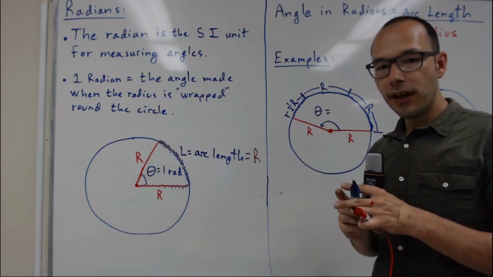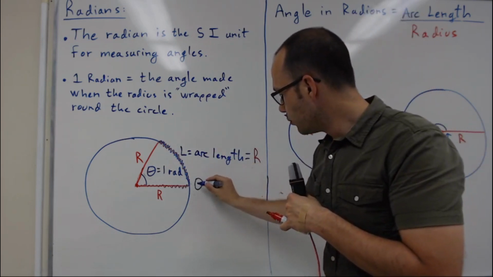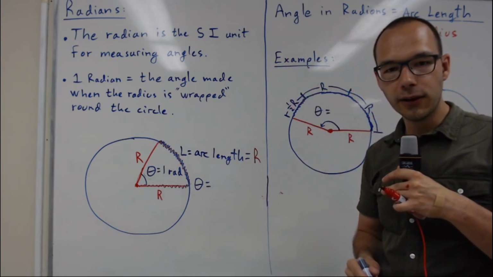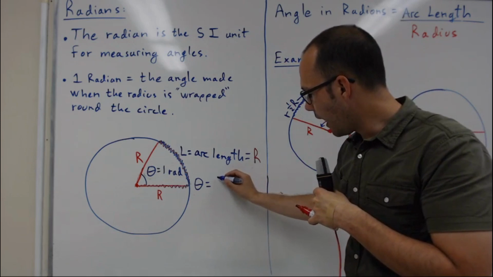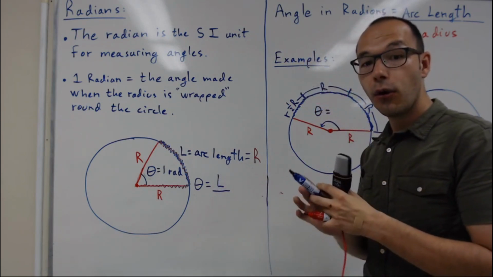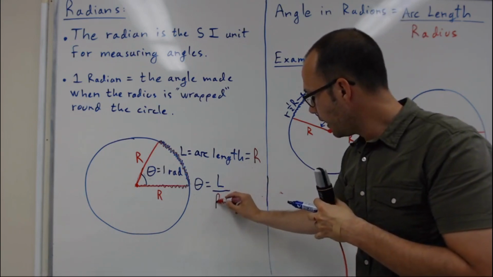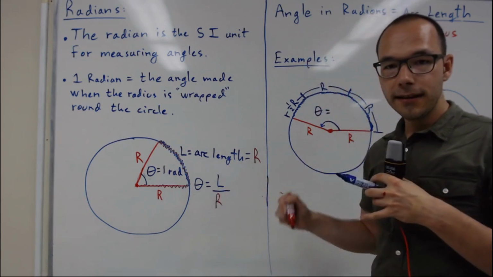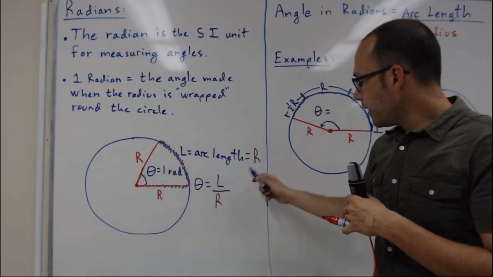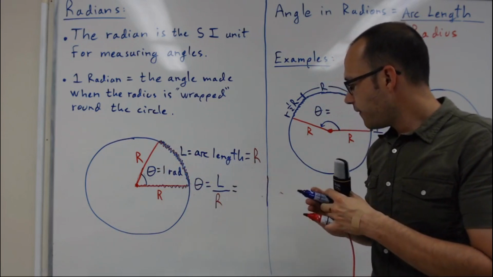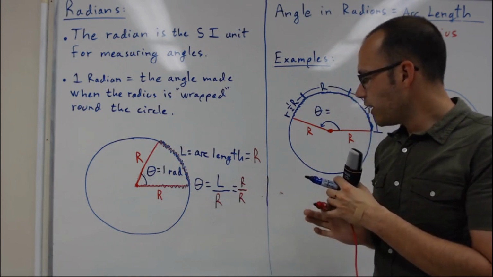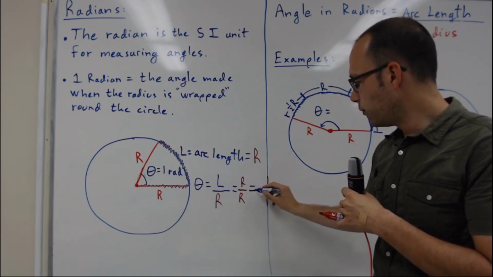And what does that lead us to? It leads to the definition of the angle in rad. The definition of an angle in rad is always the arc length L over the radius R. And in our situation, the arc length is equal to R, so we have an R over R situation, which is equal to 1.